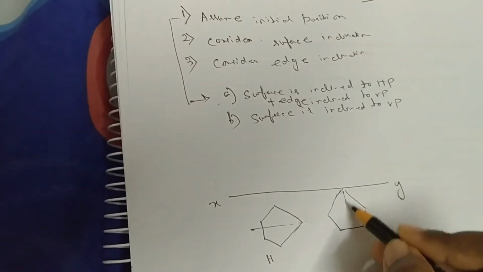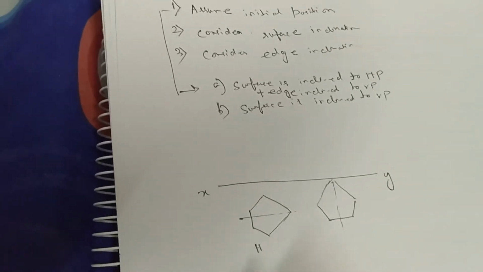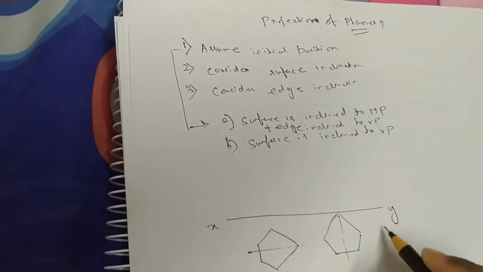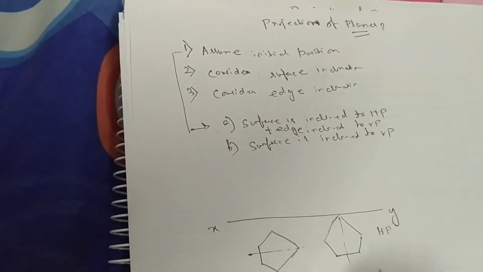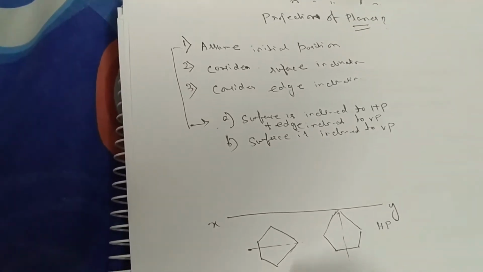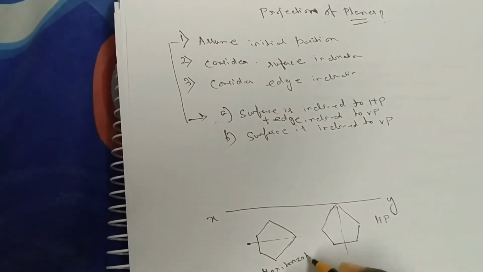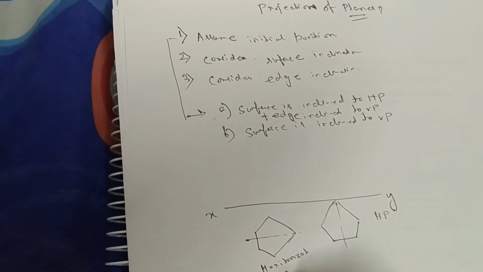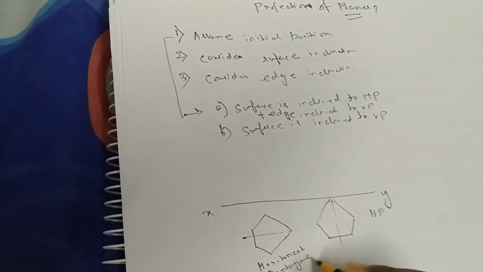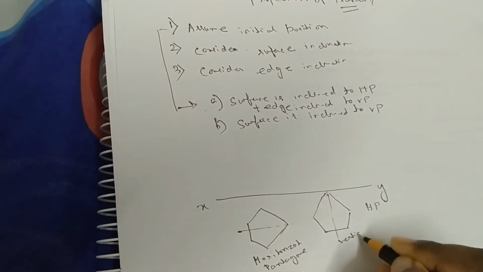Both of these pentagon surfaces are resting on the HP plane. So we can say this is a horizontal pentagon and this is your vertical pentagon.